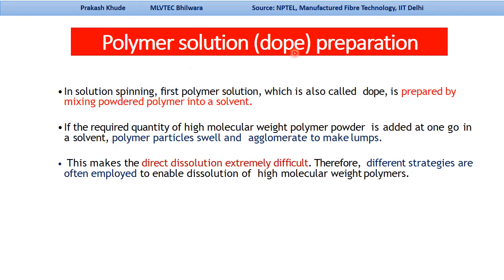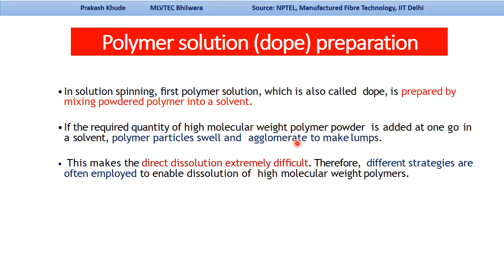In dope preparation, the dope is prepared by dissolving the polymer in the solvent. The main condition during dissolution is that the polymer particles should not swell or agglomerate to form lumps.